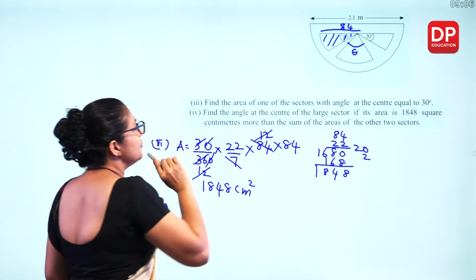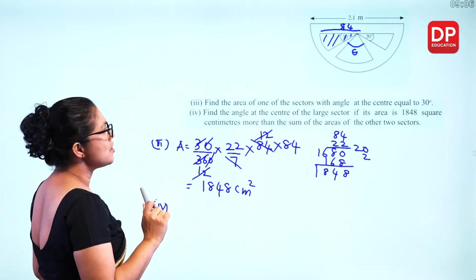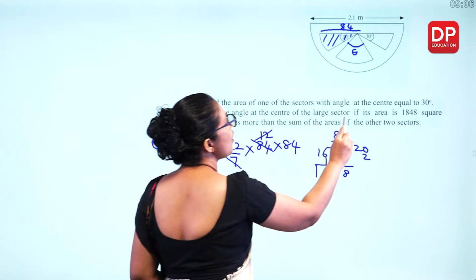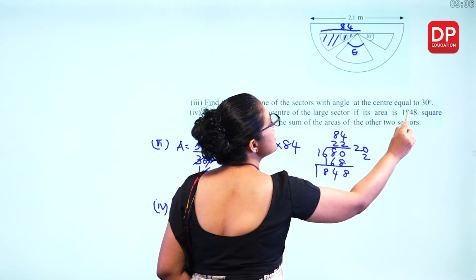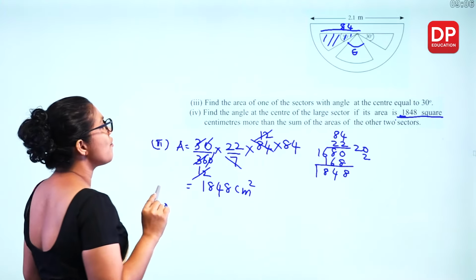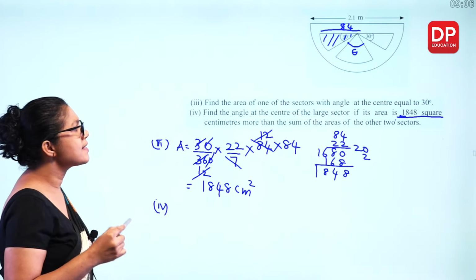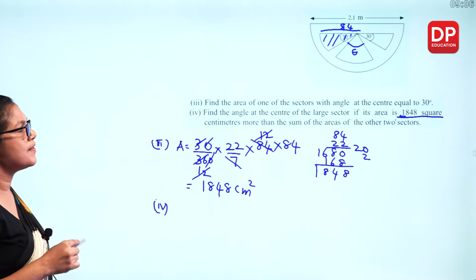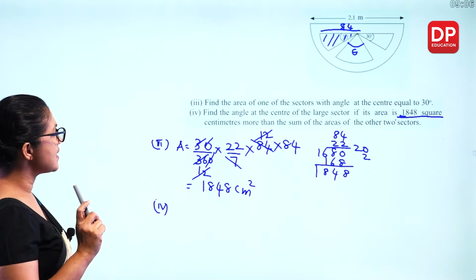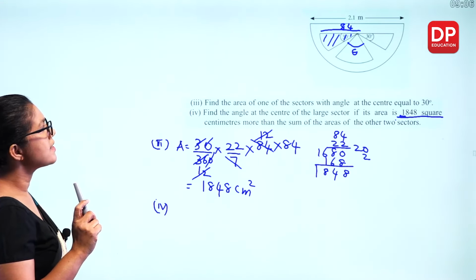What's the condition? It says the area of the large sector is 1848 square centimeters more than the sum of the areas of the other two sectors. We found area of one sector.